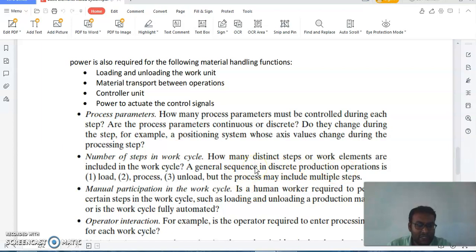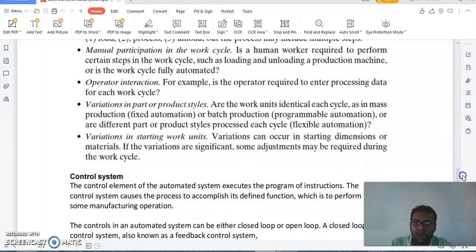To convert raw material into a finished product, there are many sequences of operations, like loading, processing, unloading, etc. We also want to know about manual participation in the work cycle, operator interactions, variations in part or product styles, and variations in starting work units.